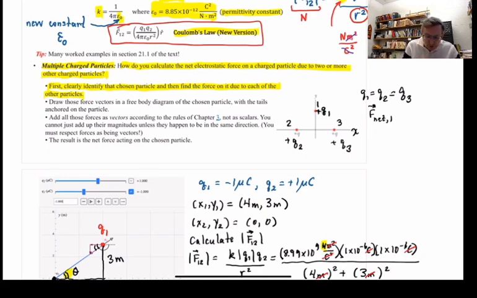It says here, draw those force vectors in a free body diagram of the chosen particle, with the tails anchored on the particle. So if I want the net force on particle 1, I want forces on 1, I'm going to draw my arrows anchored on 1. So here we go. Let me draw a little line connecting 1 and 2 for reference. I'll make it a dashed line. And a line connecting 1 and 3 for reference. I'll make it a dashed line.